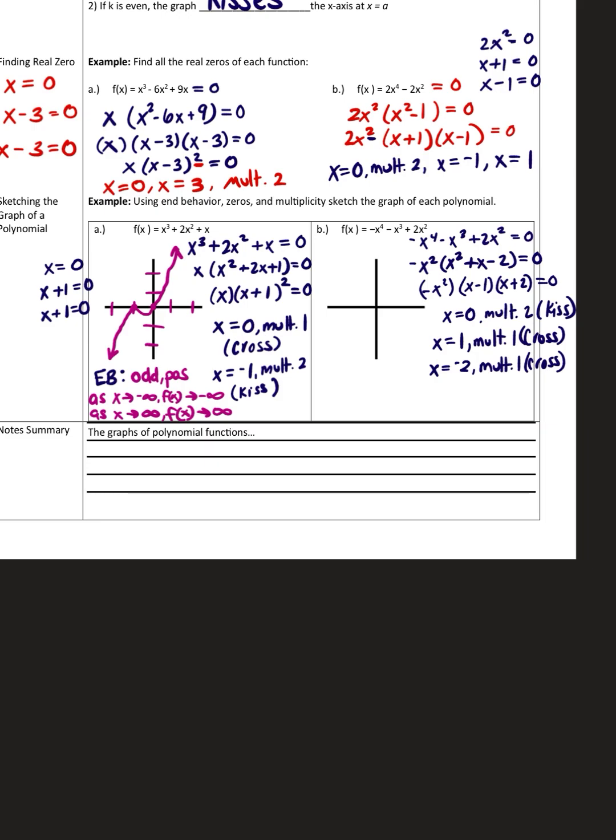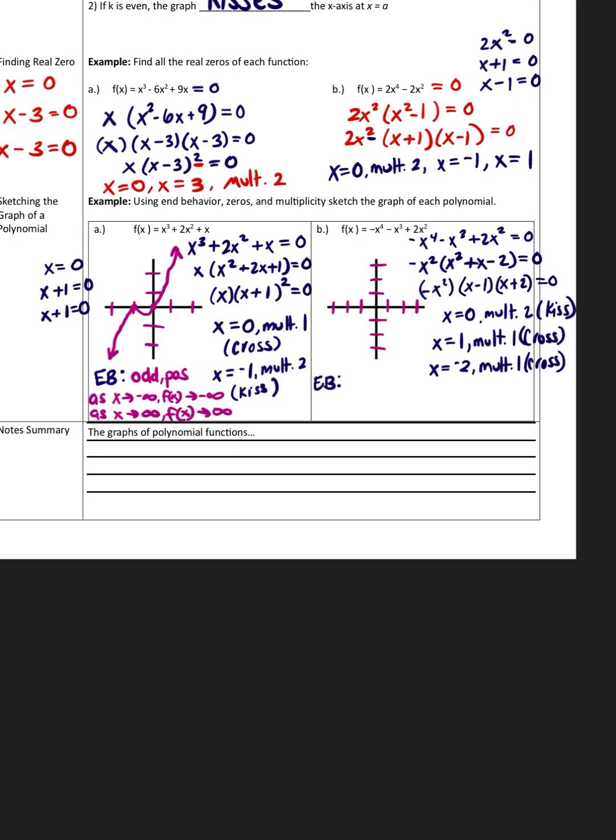So now that I have that information, I can go ahead and start drawing my little tick marks. So this time I'm going to put 3 since it goes down to negative 2. All right. And I'm also going to go ahead and write in my end behavior so I can start my graph.